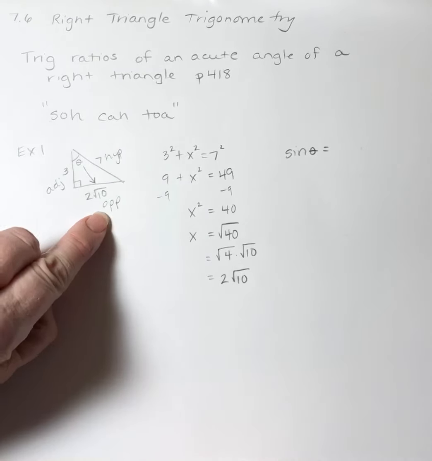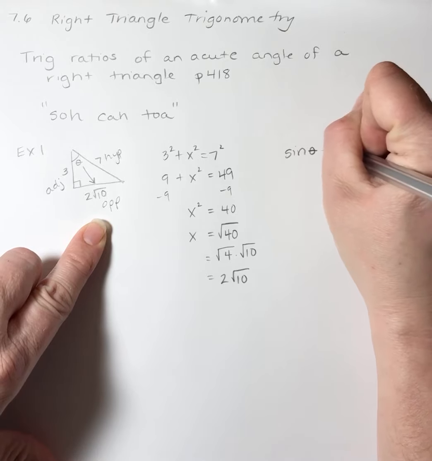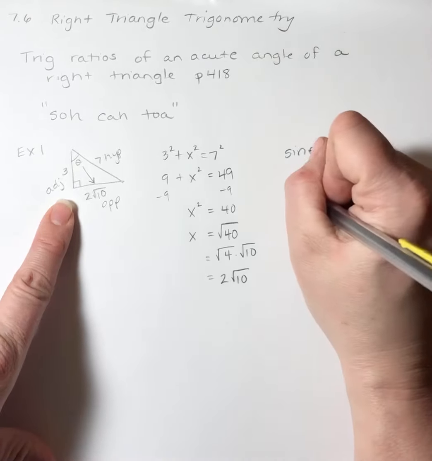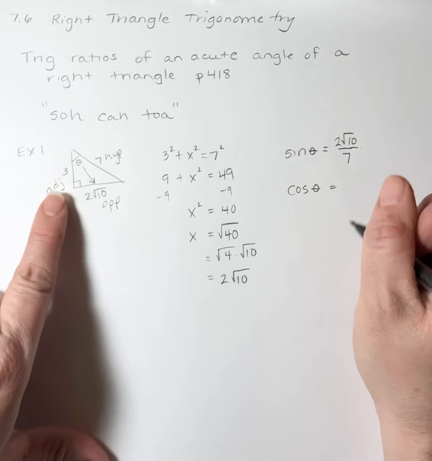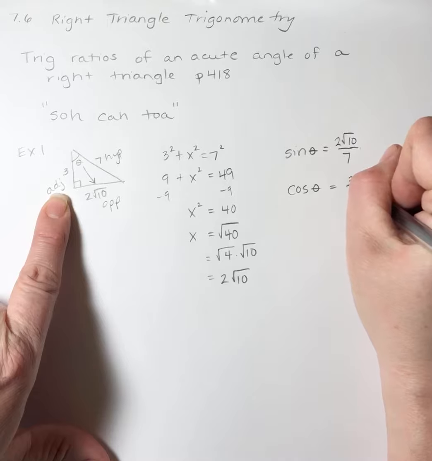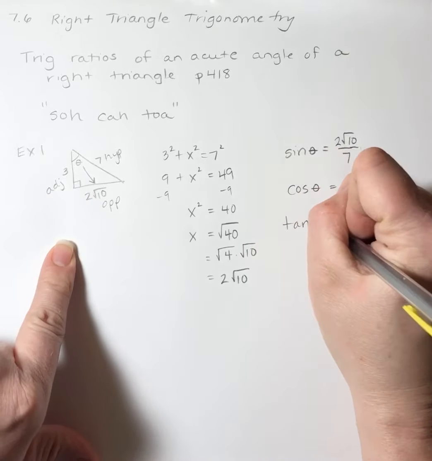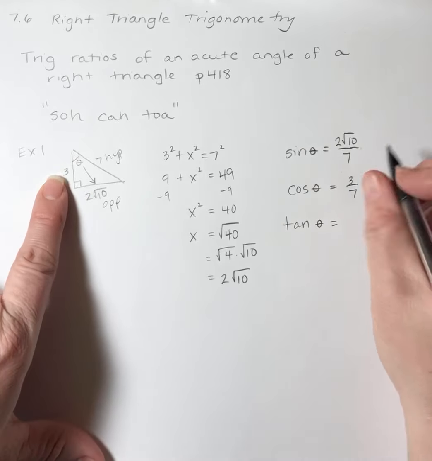So sine is opposite over hypotenuse. So I have 2 square roots of 10 over 7. Cosine is adjacent over hypotenuse. So the ratio for cosine is 3 over 7. And tangent is opposite over adjacent.